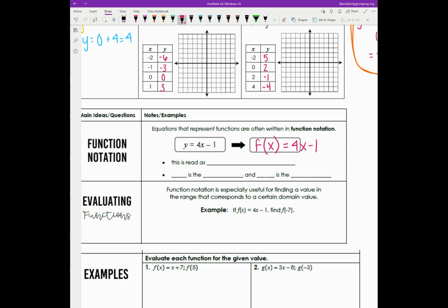So the way we read this is we would say f of x equals, and then in this case, it would be 4x minus 1. The f of x, okay, this is just new notation. F of x is the same thing as y. So f of x is now the output, and x is the input.